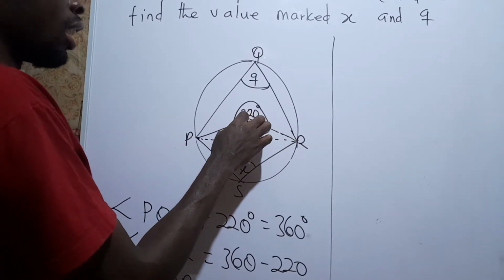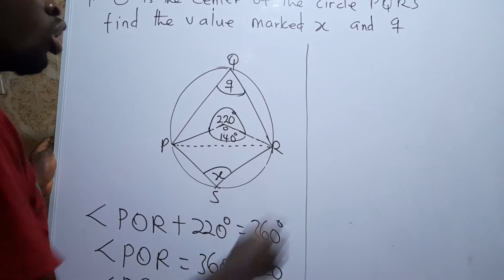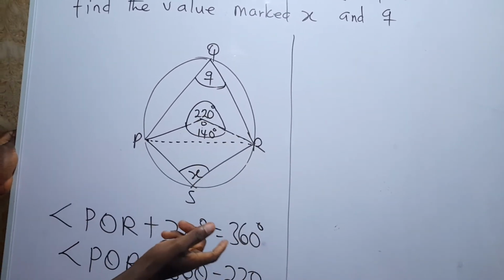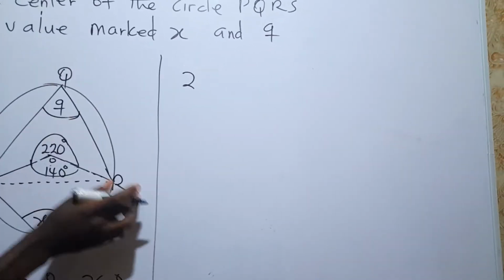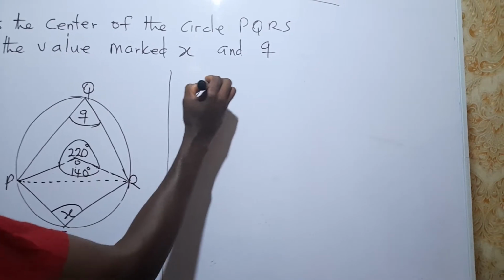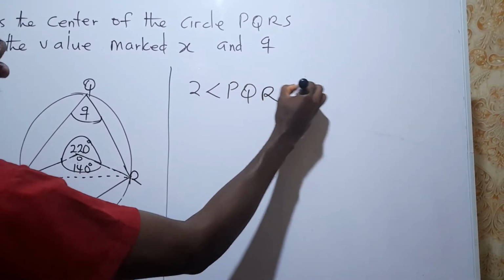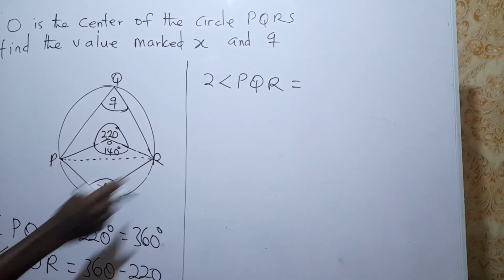And remember we said when a chord sustains an angle at the center of the circle, and the same chord sustains an angle at the circumference of the circle, twice the angle at the circumference is equal to the angle at the center. So we can say 2 times angle PQR will be equal to which angle? Angle POR, which we found.